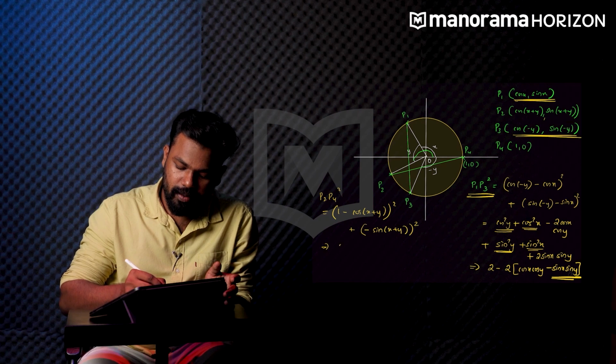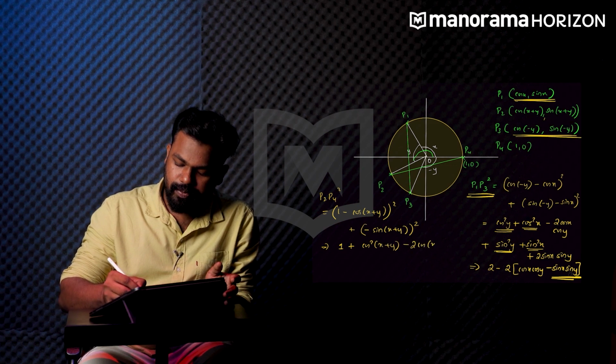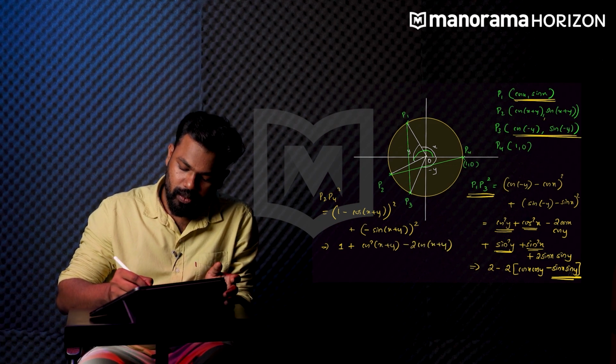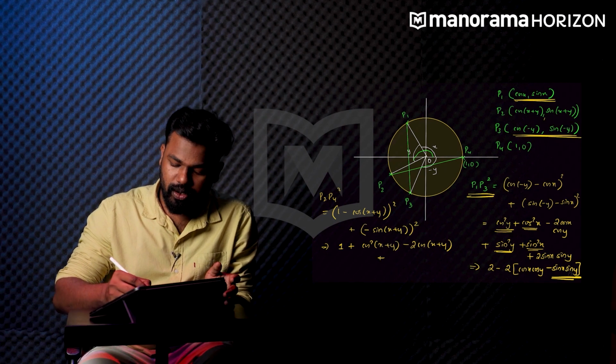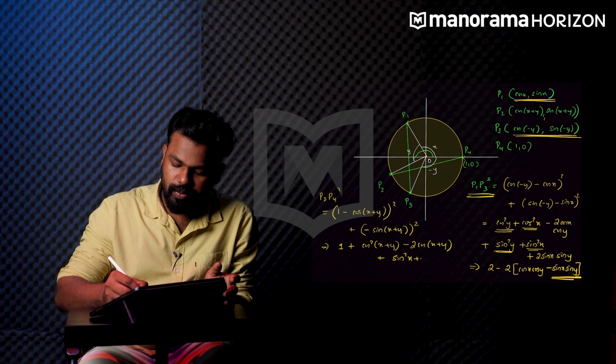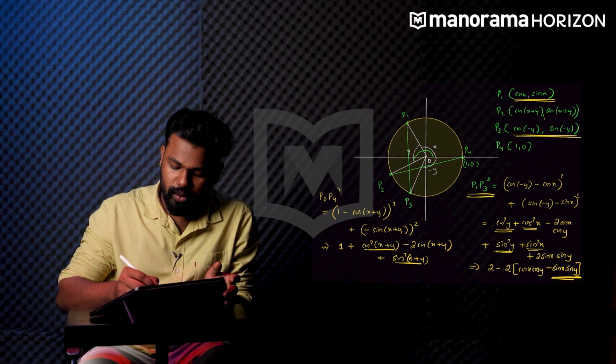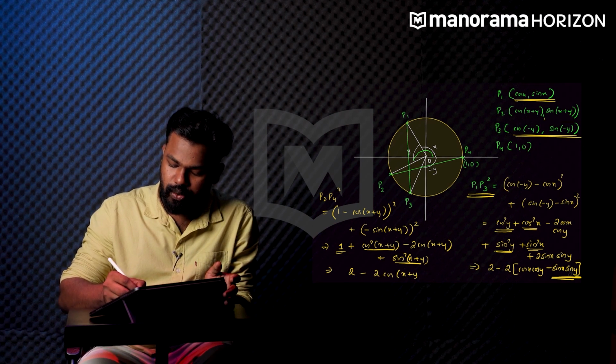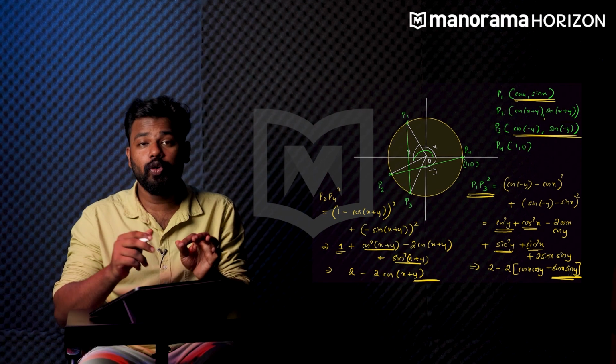And when I take the square, I will get 1 plus cos square (x plus y) minus 2 cos(x plus y) plus sin square (x plus y). You know that sin square (x plus y) plus cos square (x plus y) will be equal to 1. So 1 plus 1, there is a 1 over here, so 2. So 2 minus 2 cos(x plus y). So this is what we get as P2 P4 the whole square.